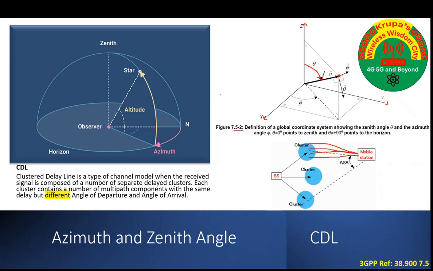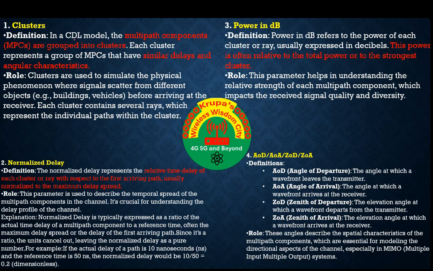Okay, now coming to the clusters. As I was talking, in CDLs, it's called cluster delay line, it consists of multiple clusters. So one cluster has multiple components, and the multipath components are grouped together and called a cluster. Each cluster represents a group of multipath components that have similar delays and angular characteristics. When we say angular characteristics, as I just explained about azimuth and zenith, it defines from which angle the signal has arrived, both in terms of the horizontal plane as well as the vertical plane, right?